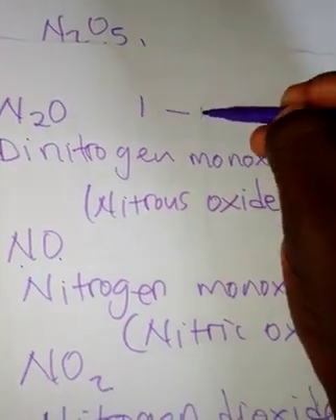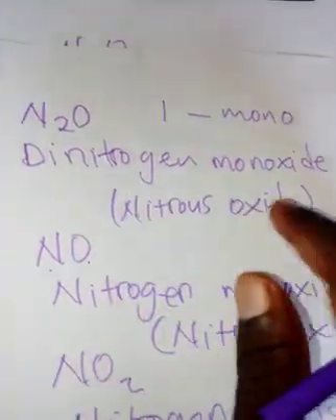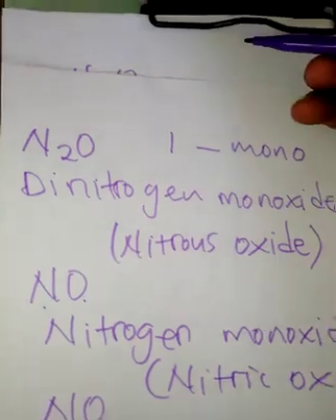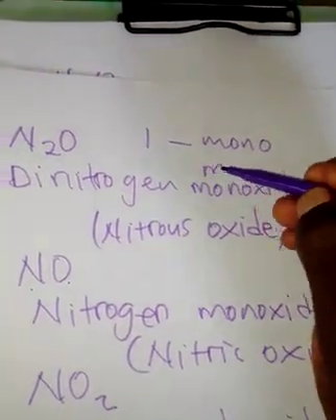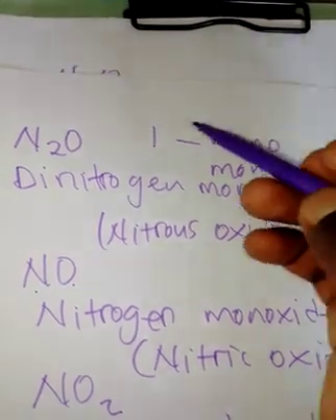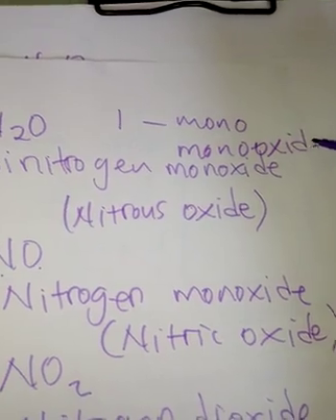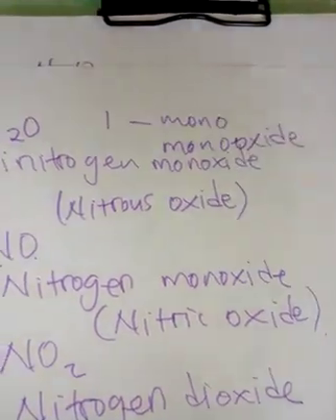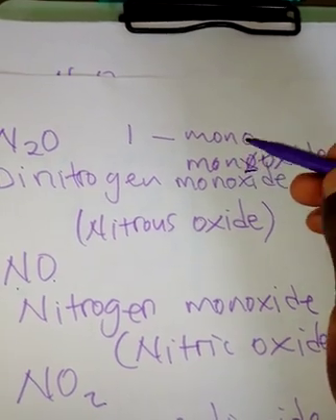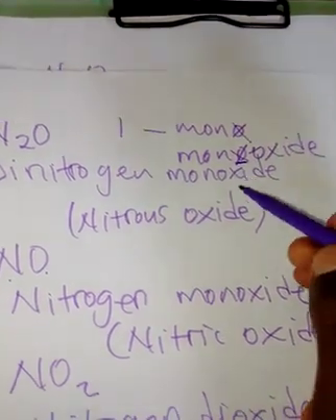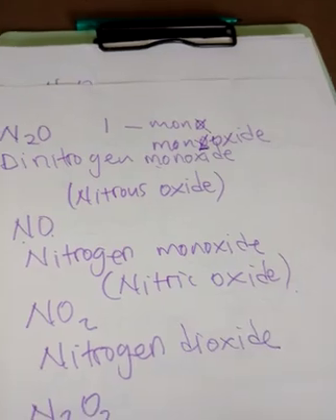So when coming up with the name of this one, why didn't we say dinitrogen mono for the prefix 1, then also say oxide for oxygen? To avoid such awkward names, we get rid of the final O of this mono and just remain with monoxide.